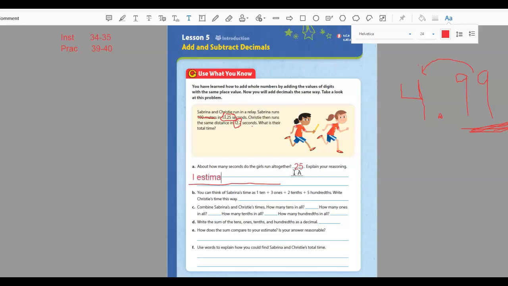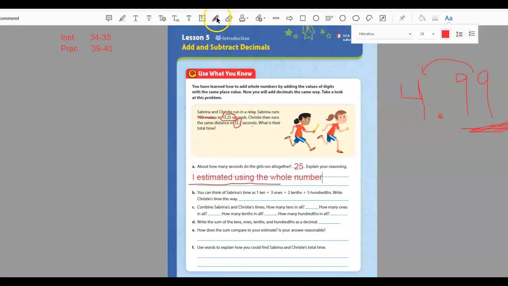I estimated using the whole number. That means we used the 13 and the 12. We didn't really look at the fractional part, the decimal part of the number yet. We just used the left-hand side and added those together.